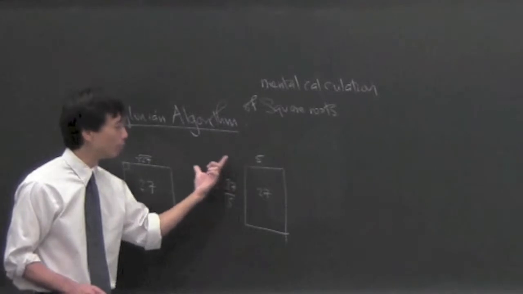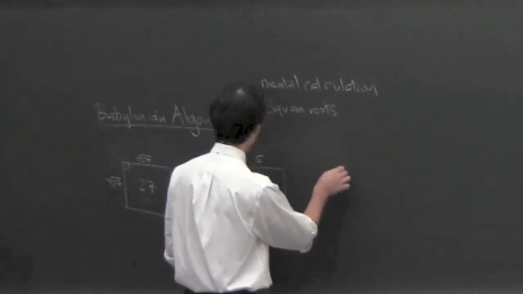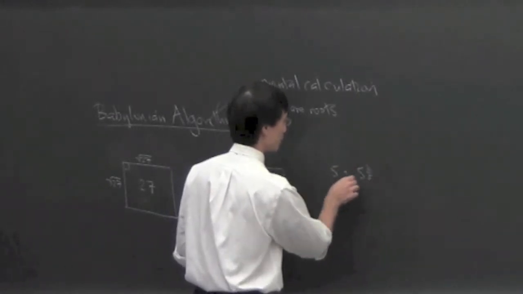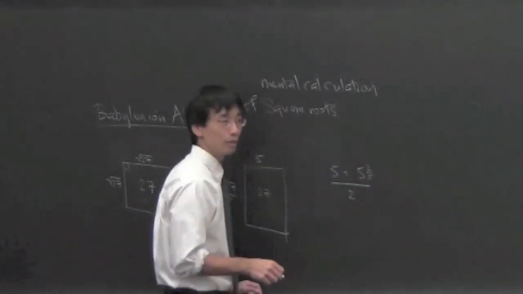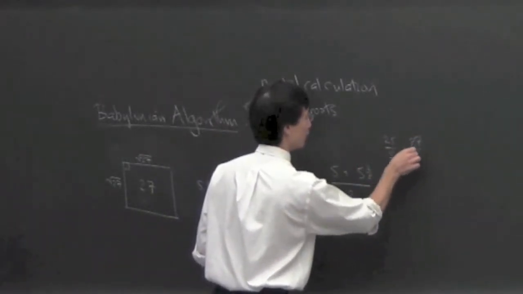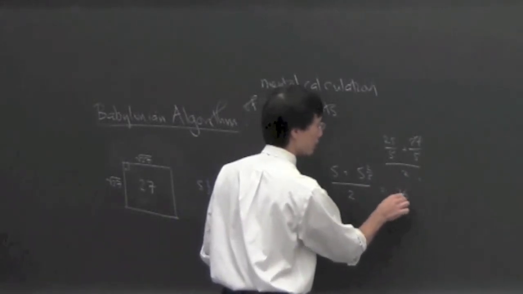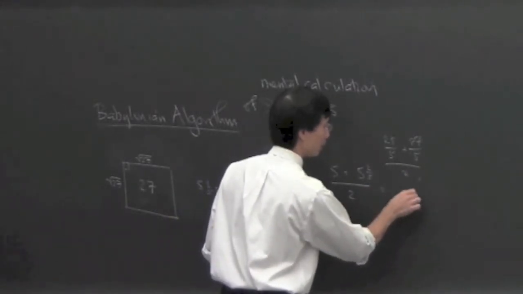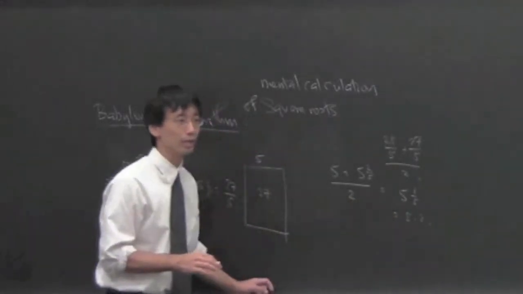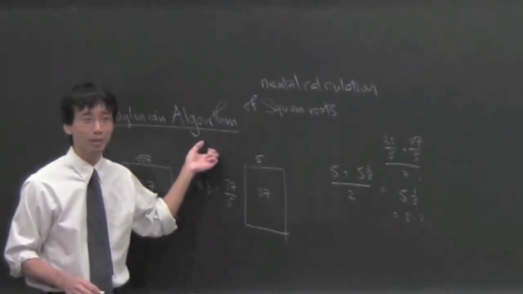So 5 plus 5 and 2 fifths over 2, 25 fifths plus 27 fifths over 2, which turns out to be 26 fifths, or 5 and a fifth. That's 5.2. And so that's the first guess of the Babylonian algorithm.